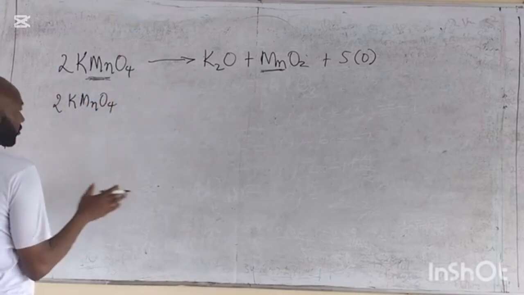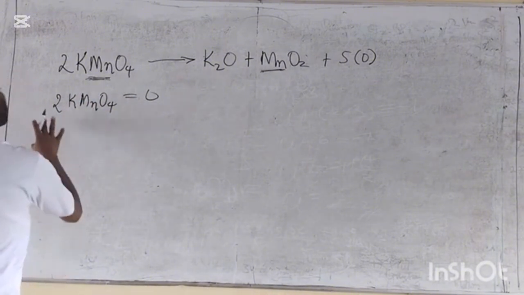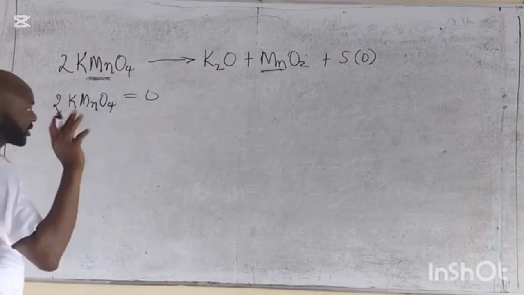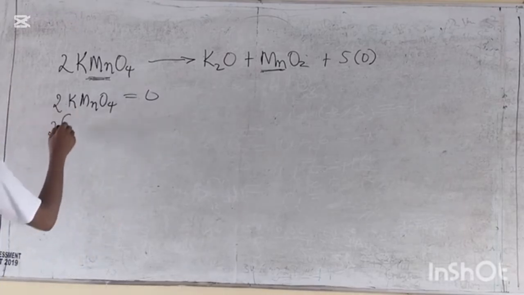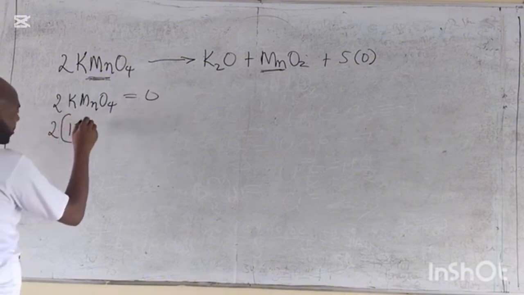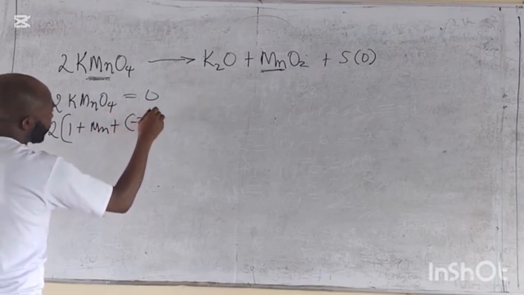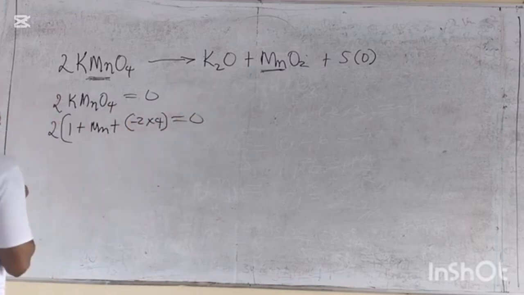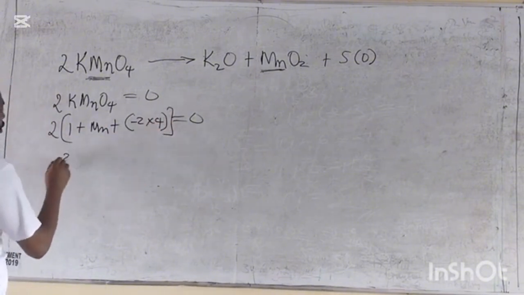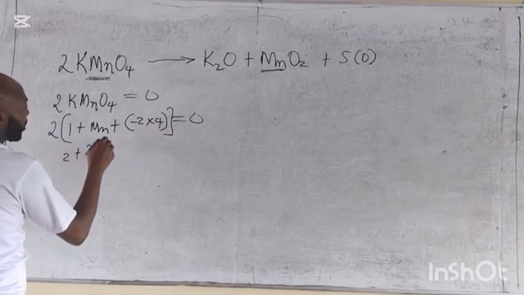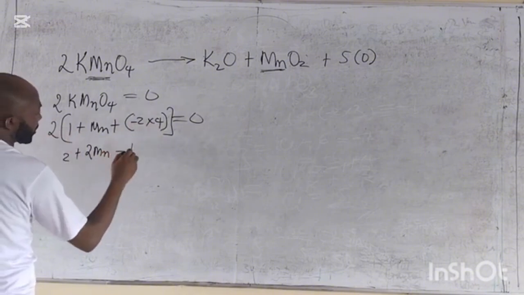So I have 2KMnO4. All of this is equal to 0. Now, remember this 2 means every element inside possesses what? 2. Yeah. So I have potassium here in bracket. Potassium is 1 plus manganese plus oxygen is minus 2 times 4, all equal to 0. Now, let me expand. 2 times 1 is 2 plus 2 Mn. Plus times minus is minus 2 times 4, 8. 8 times 2 is 16.